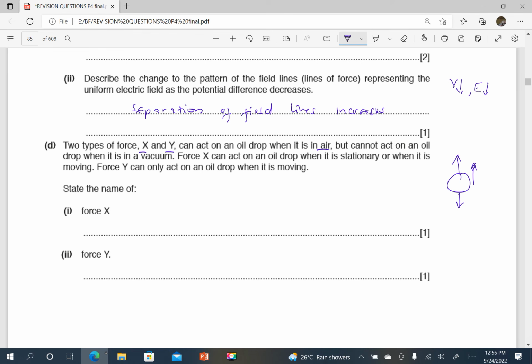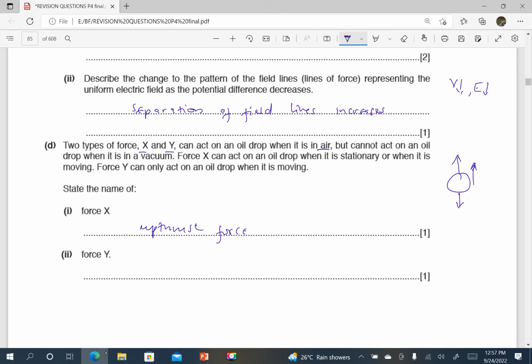But then force X can act on an oil drop when it is stationary. That is automatically going to be the upthrust. It can act on the oil drop when it is stationary or even when it is moving.